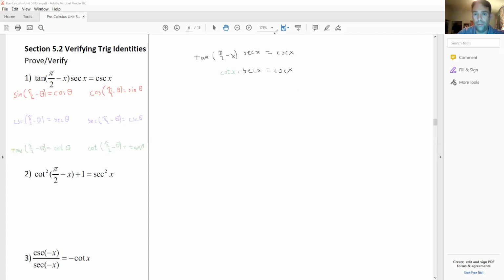I got all kinds of weird things going on. So as soon as that happens, I go to the old trustworthy of when in doubt, turn into sine and cosine, friends. So cotangent is cosine over sine, and secant is 1 over cosine.